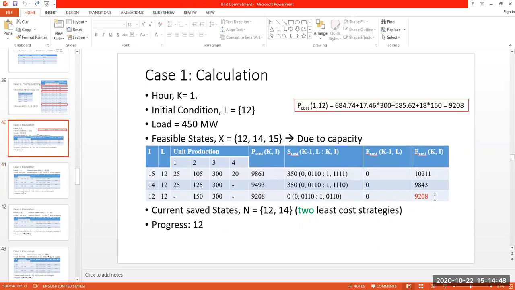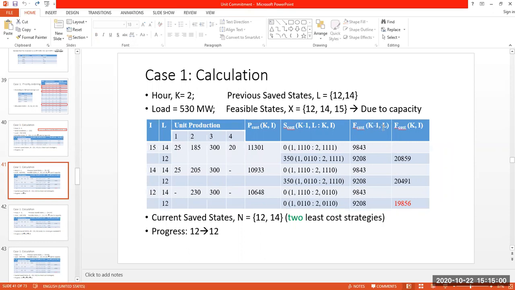So when I was at 12, this was my F cost. So the F cost Ki in our number 1 simply will become F cost K minus 1L, clear? Because I'm in the next K value. So that value will be simply taken and copied there in this column. So this is the associated cost at 9208.